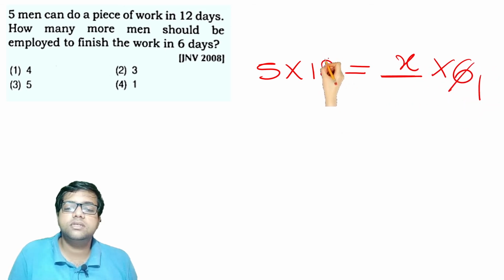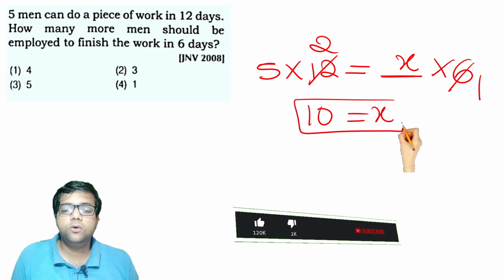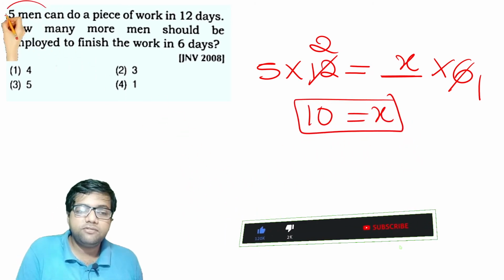6 ones are 6, 6 twos are 12. So x will be equal to 5 into 2, which is 10. So we require a total of 10 men, but there are already 5 men.